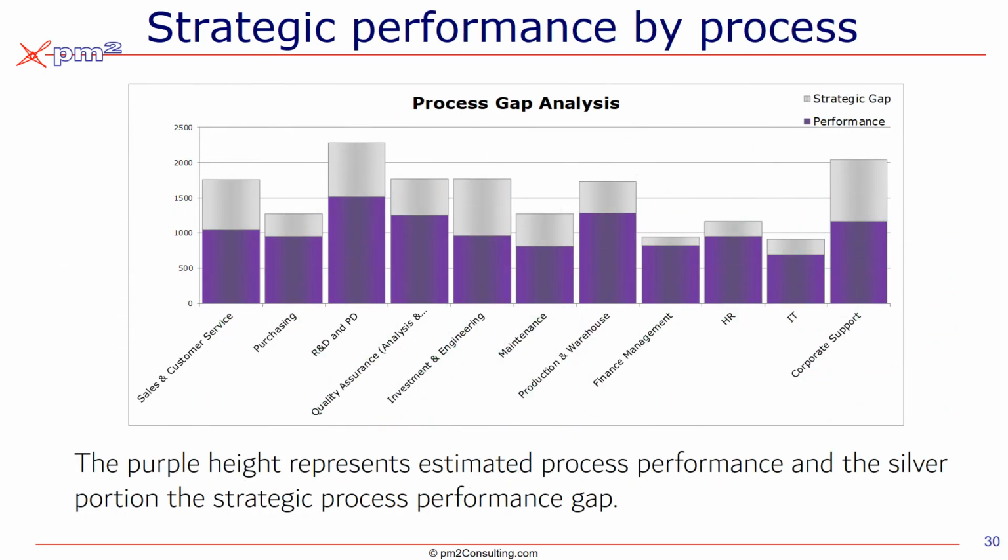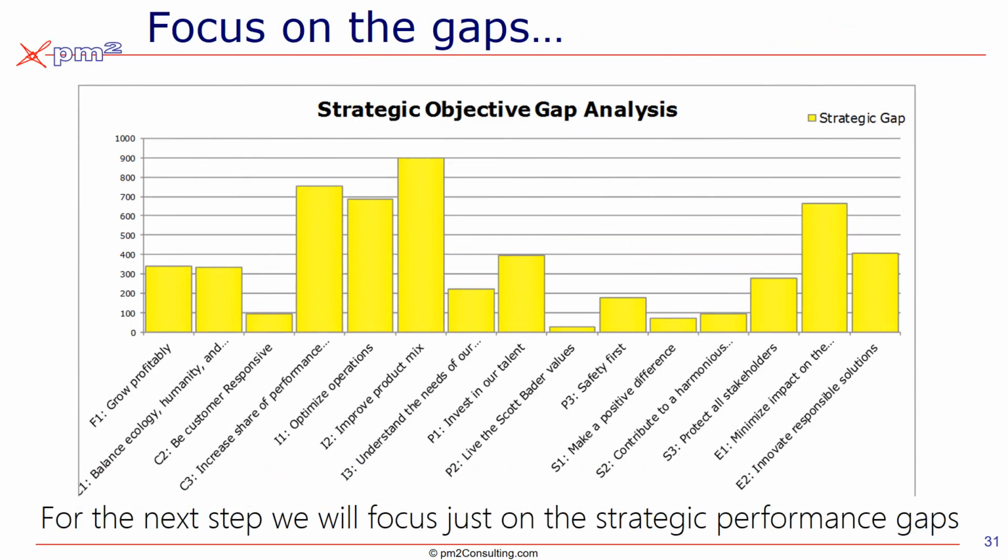And this gives us a similar chart. In this case, the purple shows us how well we're currently performing, and the silver is the gap. And again, it allows us to figure out which processes we need to focus on in order to achieve better support within this team.